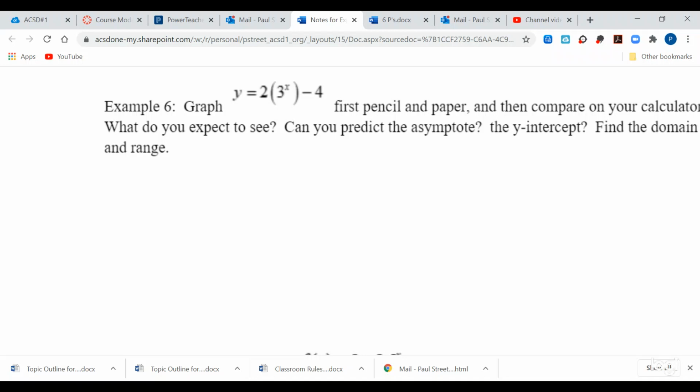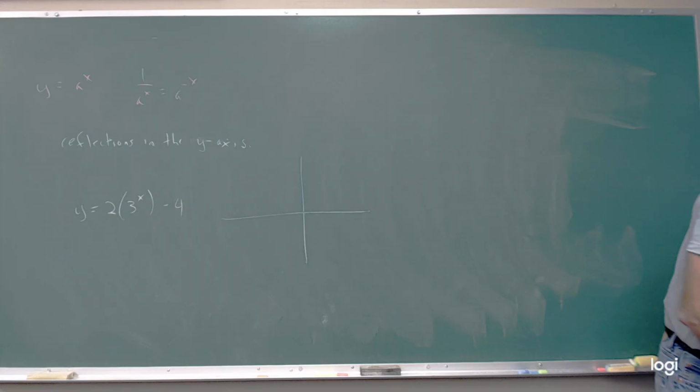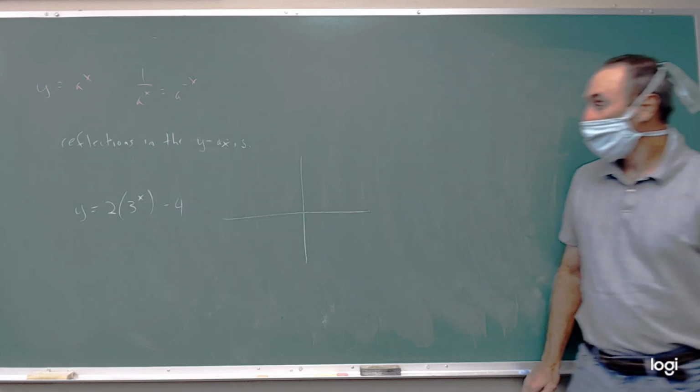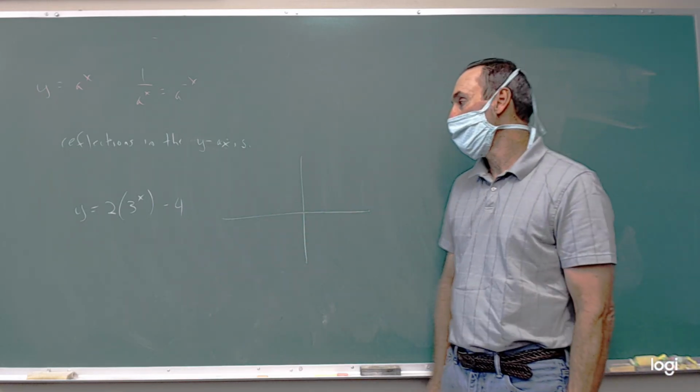Okay, let's go with purple here. So first, let's look at y equals 3 to the x. I'm going to switch the screen again. So we'll come back here. There we go. So here we are looking at y equals 2 times 3 to the x minus 4.